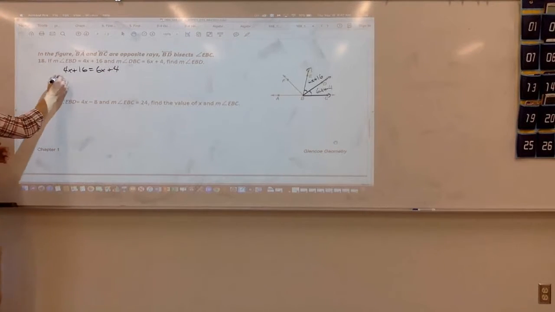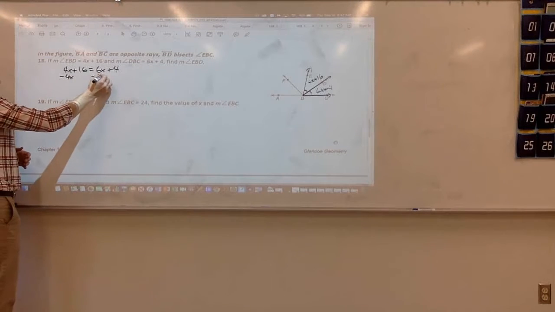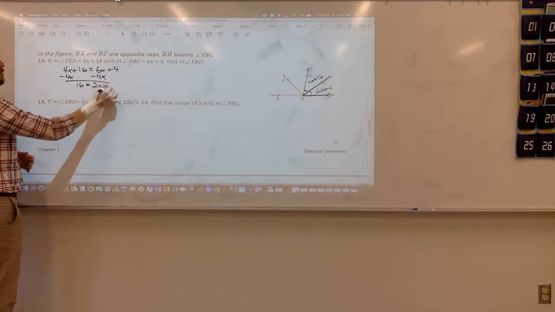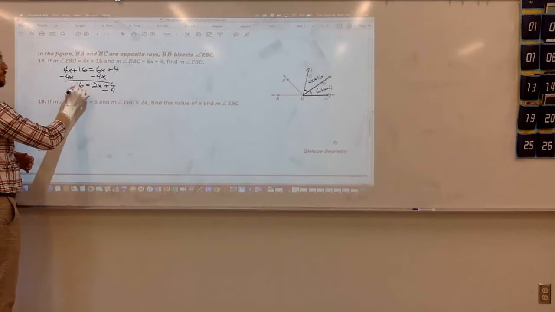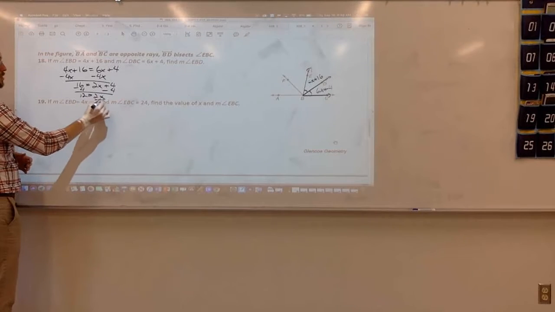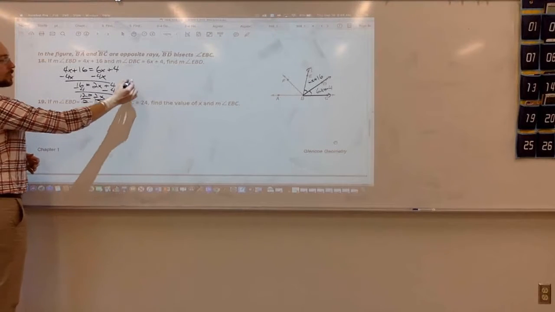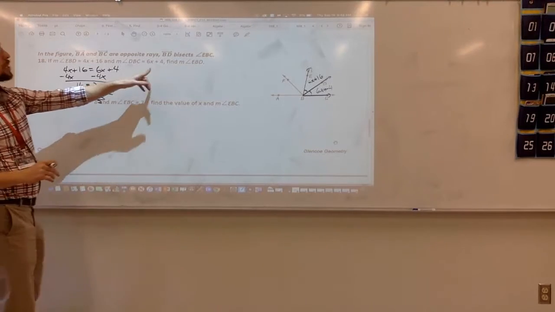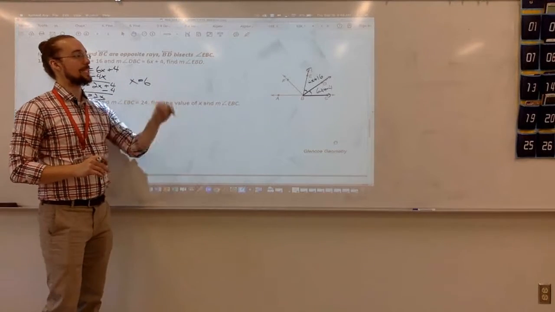Solve this equation. You get the x's on one side: 16 equals 2x plus 4. Subtract the 4 over. 12 equals 2x. Divide by 2, and we get x equals 6. Is that my final answer? No, right? The question says find the measure of angle EBD.